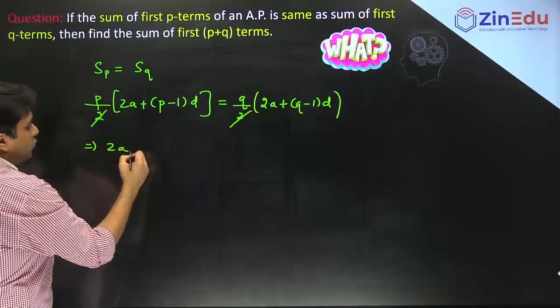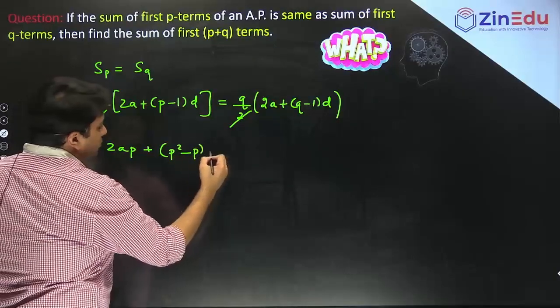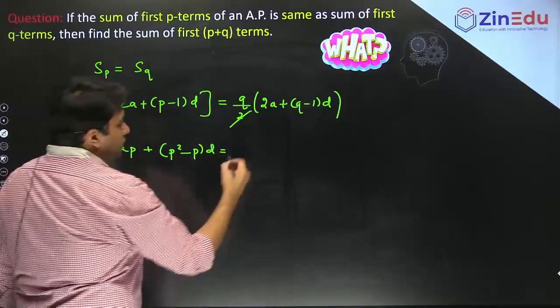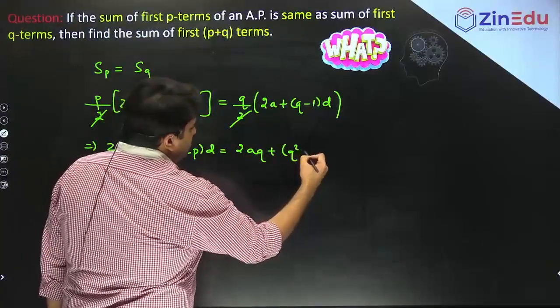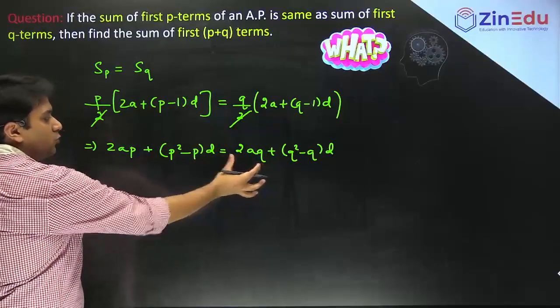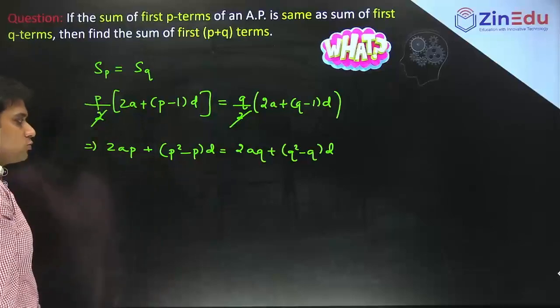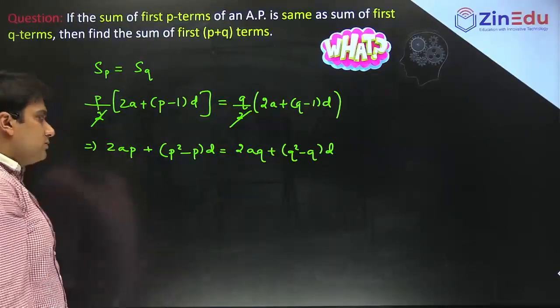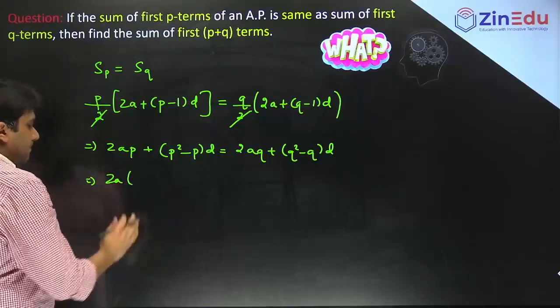So we will have 2ap plus p square minus p into d equals 2aq plus q square minus q into d. So I will be transposing this 2aq term on the LHS and this d term on the RHS, so that we have like terms together.